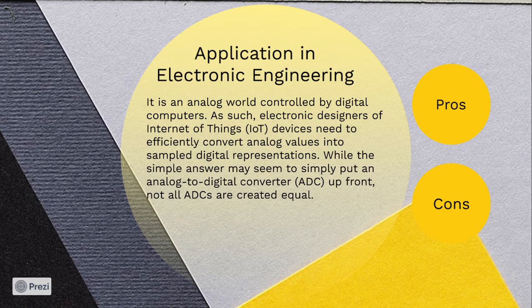Therefore, electronic designers must understand the various topologies and how they are mapped to the application. For example, ADCs are designed to optimize characteristics such as sample rate, power consumption, and accuracy. This article will discuss the design required in the context of some common ADC architectures.